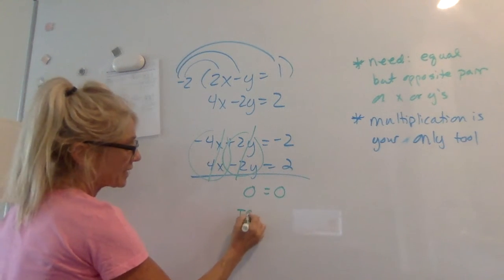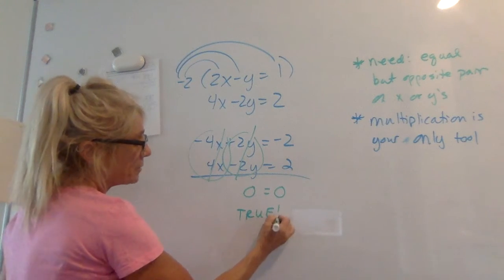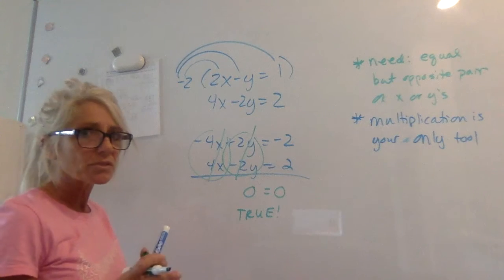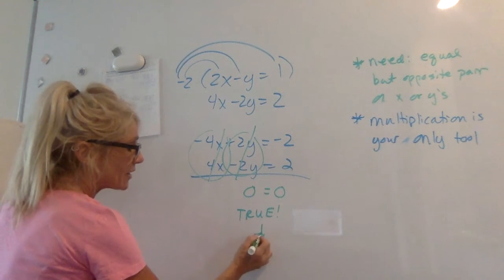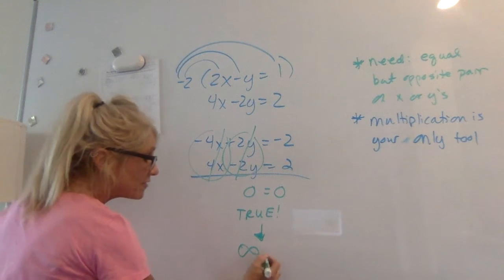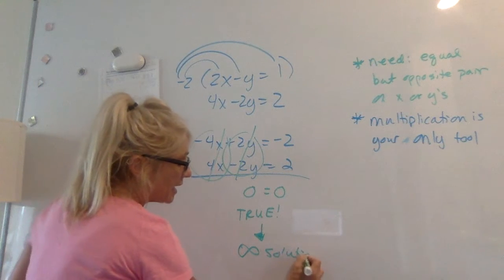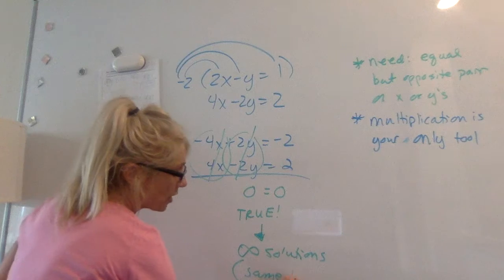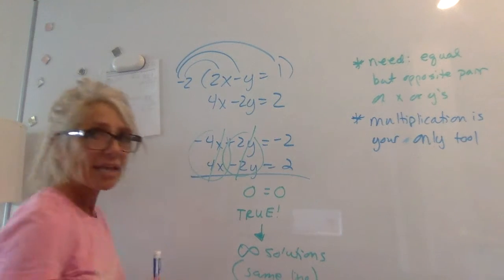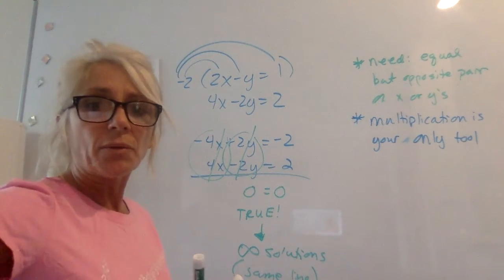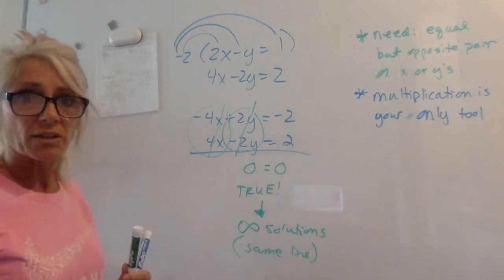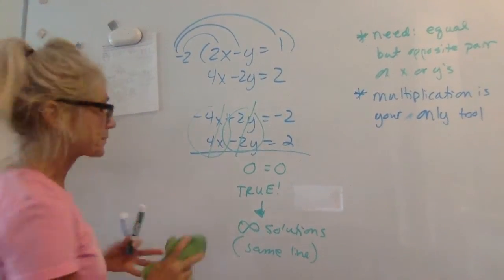So don't get panic struck by that situation because this is always true. 0 equals 0, 5 equals 5, any true statement, that is the way that you know that this one has an infinite number of solutions and that if you really were bored and took the time to graph them, those two are the same line. So we came into that situation with substitution sometimes, and this is what that situation would look like using elimination.